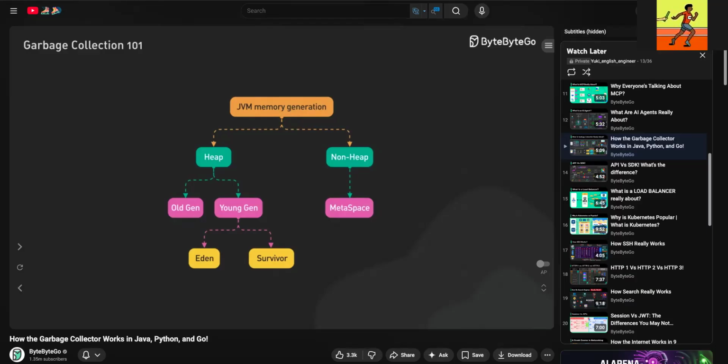To efficiently manage memory, garbage collectors typically implement the generational hierarchy.